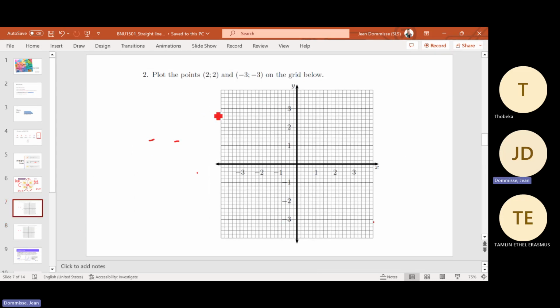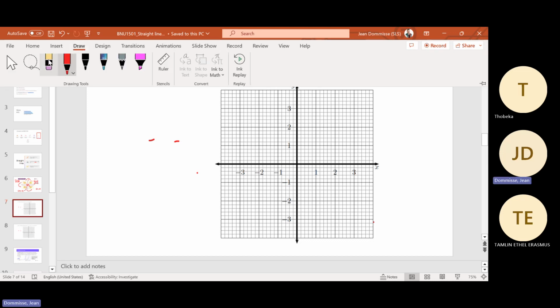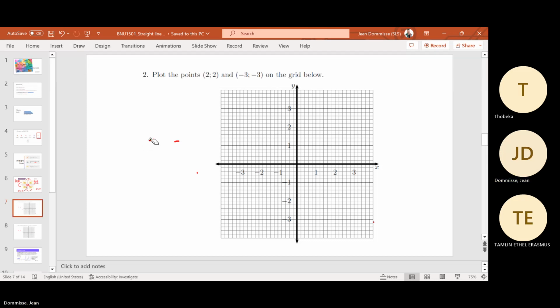Okay, so with this example, I'm going to do the plotting. Then I'm also going to look at ways that we can look at the straight line, just so that we can start to identify certain things in it.